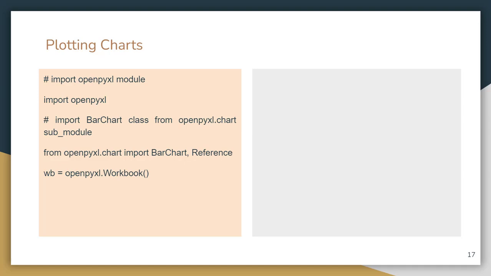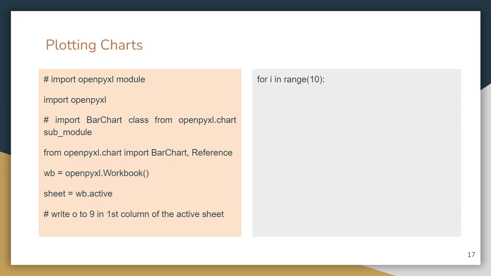wb = openpyxl.Workbook() to open or create the workbook. sheet = wb.active to activate the current sheet. Next, write 0 to 9 in the first column of the active sheet.